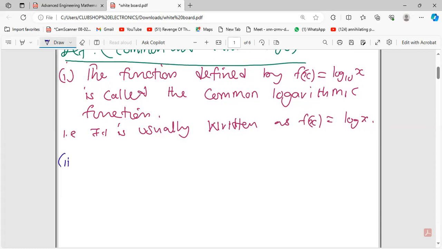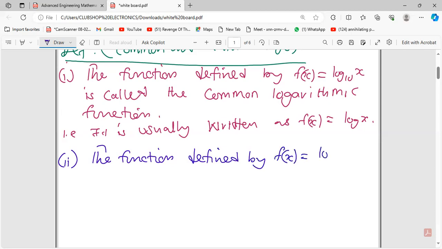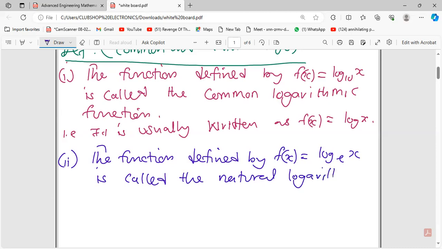Number 2, the function defined by f of x is equal to log of x, the natural one, is called the natural logarithmic function.